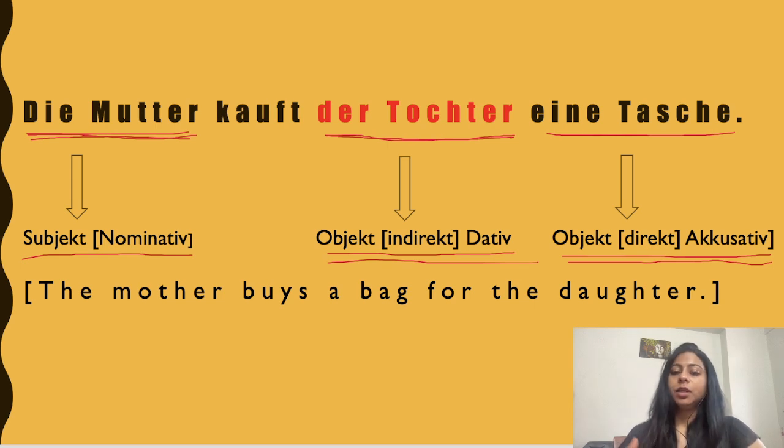So the indirect object is basically usually the person for whom an action is intended. Like I explained in this sentence, the mother buys a bag. This is the action. The mother is doing what? She is buying a bag. And she buys the bag for whom? For the daughter. So this is an indirect object.